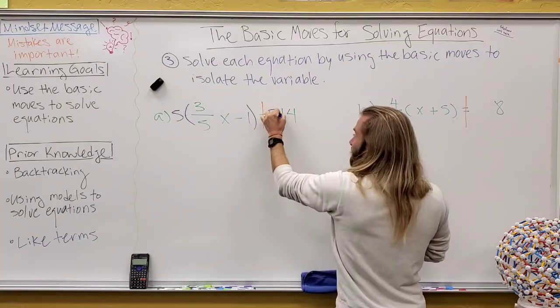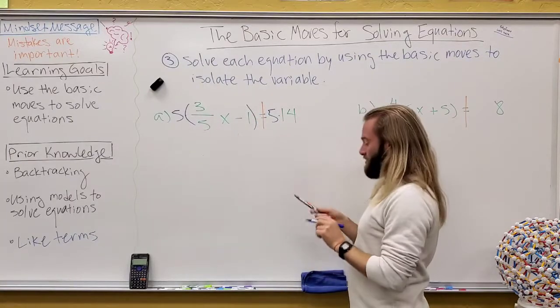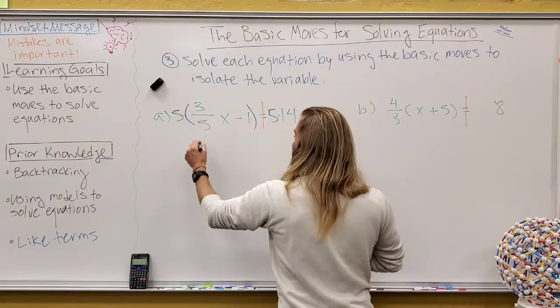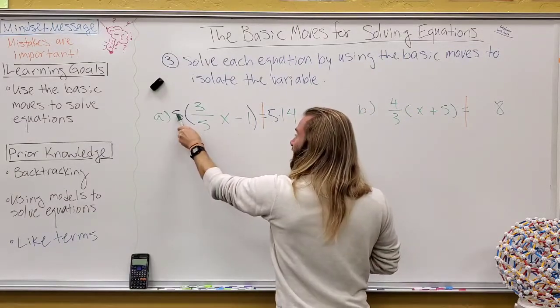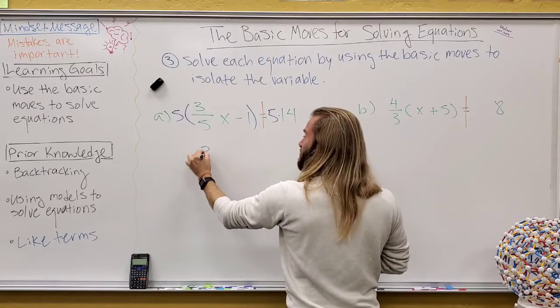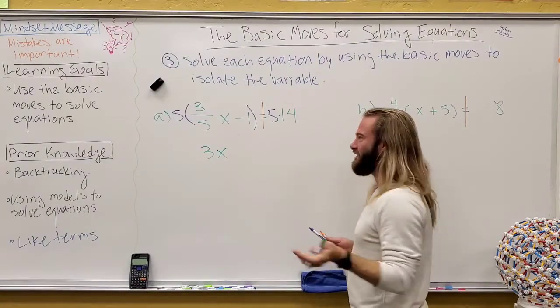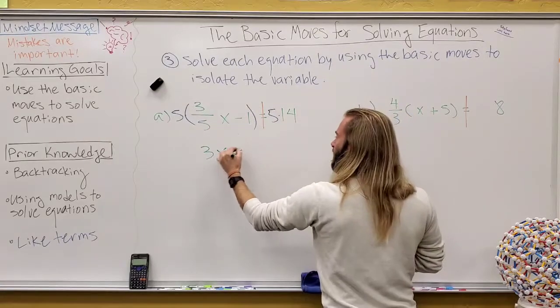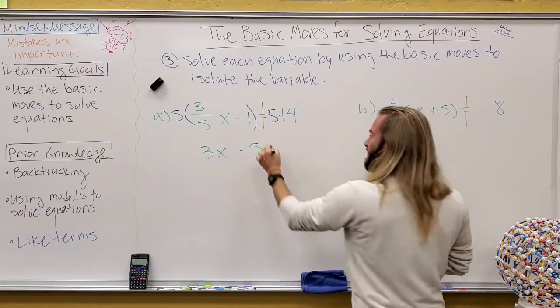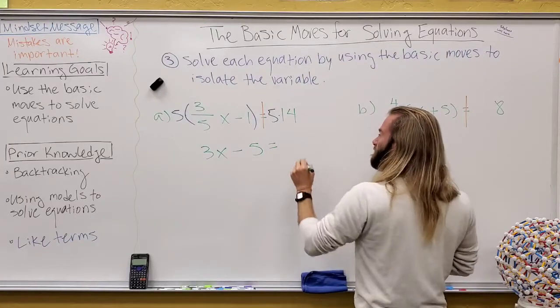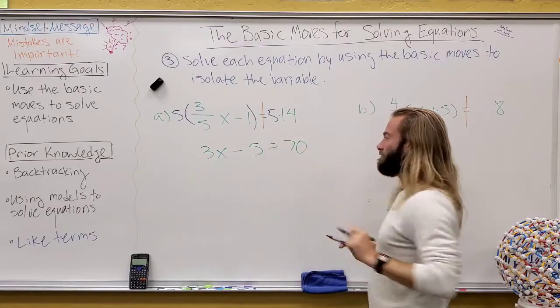So if I do it there, I have to do it here. But watch what happens that's really nice here. I end up with 5 times 3/5 is just 3. So that becomes 3x. Oh, no more fraction. But 5 times -1 becomes minus 5 equals 5 times 14 is going to be 70.